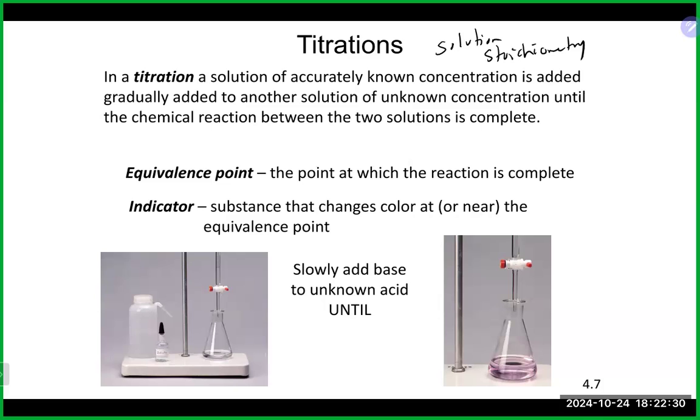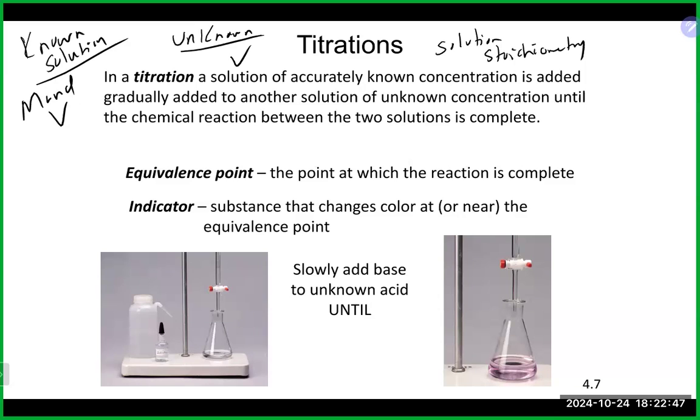So for example, if I have a known solution, which I know the molarity and say the volume that I used, and I have an unknown solution where maybe the only thing I know about it is the volume I used. From my known solution, if I have molarity and volume, what information could I get?